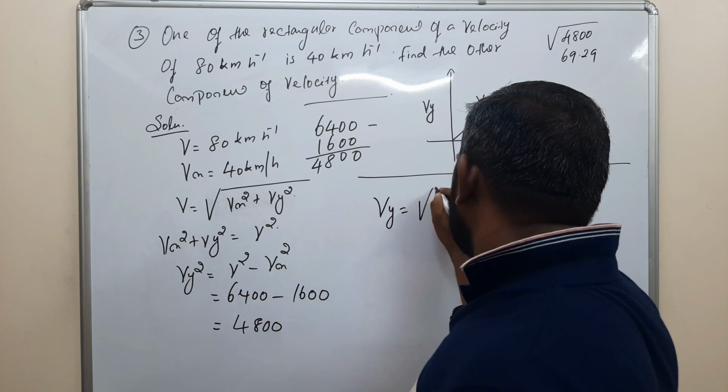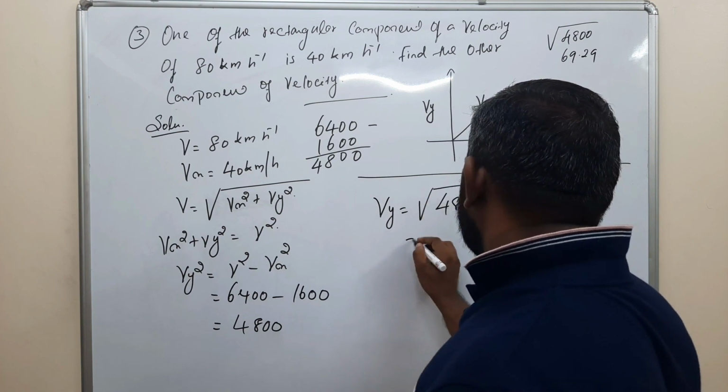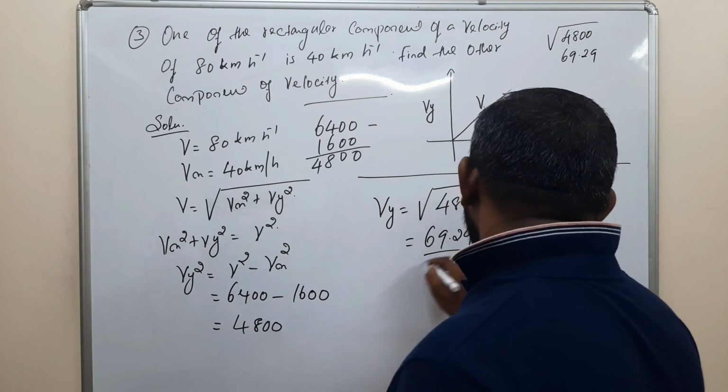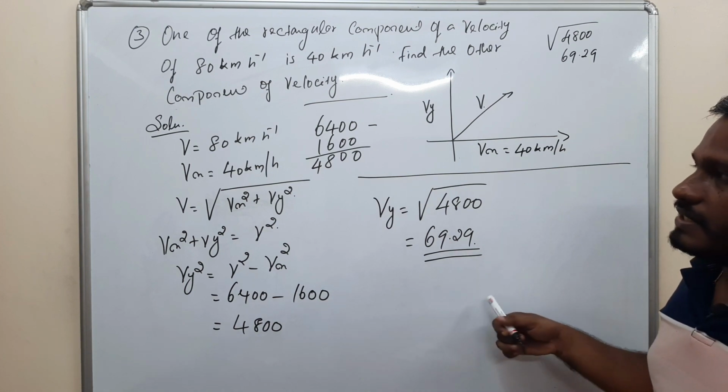So Vy is equal to root of 4800, that is equal to 69.29. So this is the answer.